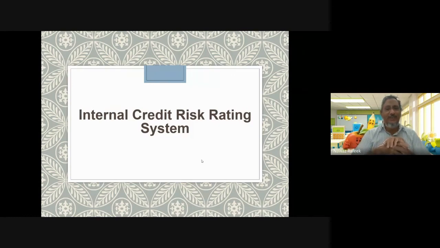Practically, we were just assigning a rate based on our judgment of the customer, 5 to 1 rating. 5 is the highest, 1 is the lowest. In most cases we gave 3, average. Most customers are average.